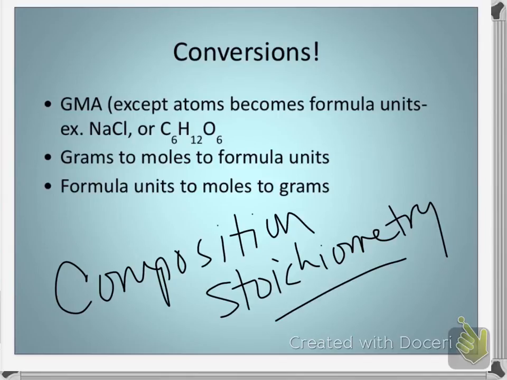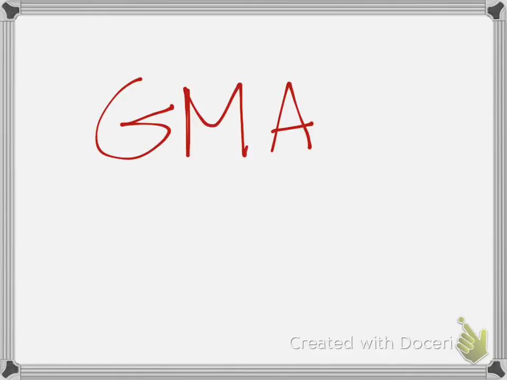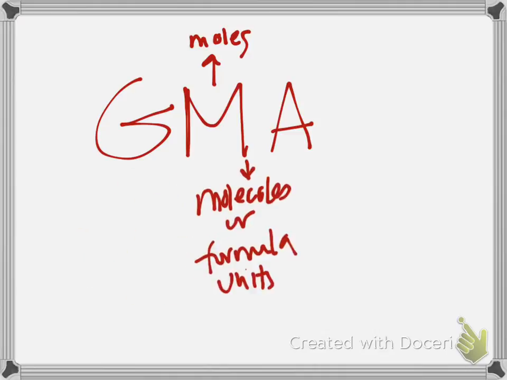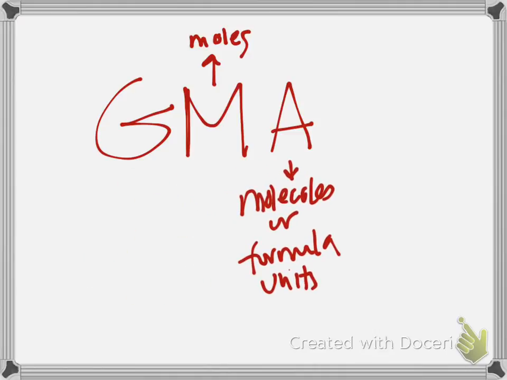So we go back to our old GMA, our old standby. When we were initially doing conversions, we said G was for grams. Here, atoms becomes molecules or formula units.